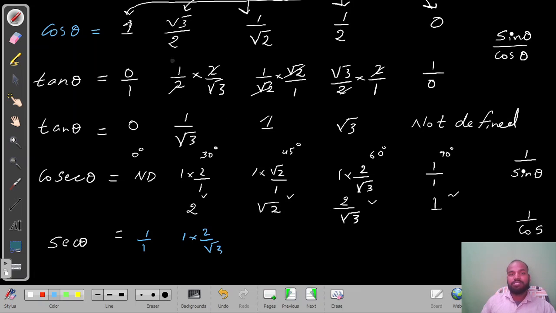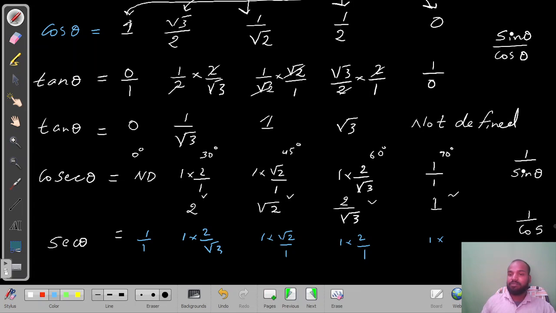Root 3 by 2. Just reverse it: 1 into 2 by root 3. Next, what is your cos 45 value? That is 1 into root 2 by 1. I am just reversing. Why? Because it is a reciprocal, 1 by cos. So I am reversing the value. That's it. Next, sec 60 is nothing but 1 into 2 by 1.